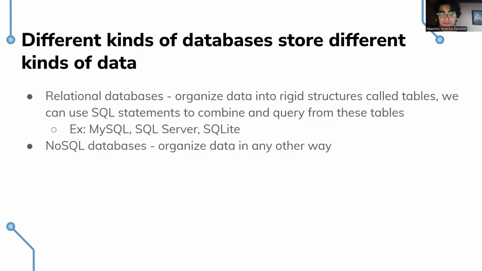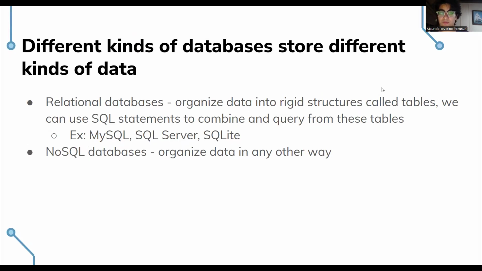So you have tables, let's say a table of users, and it's going to have username, user ID, and a lot of information that is appended to the user. We can use SQL statements to combine and query from these tables. For example, MySQL, SQL Server, and SQLite are database management systems that are SQL based.